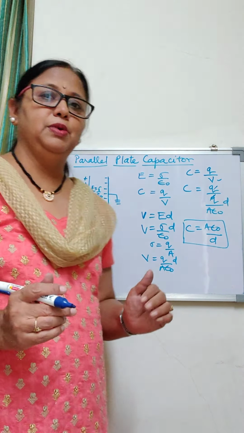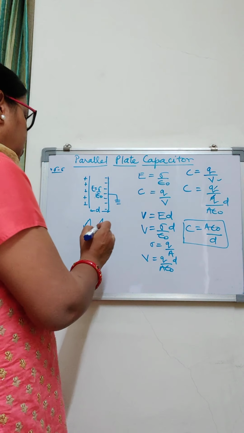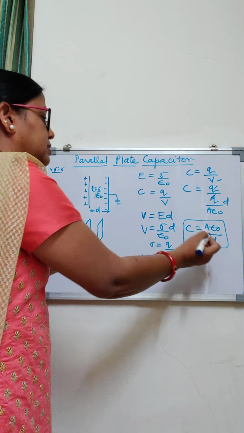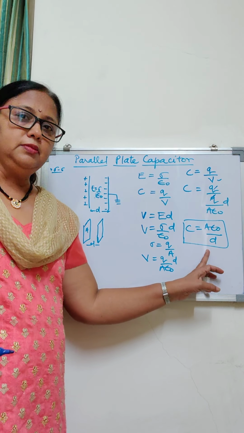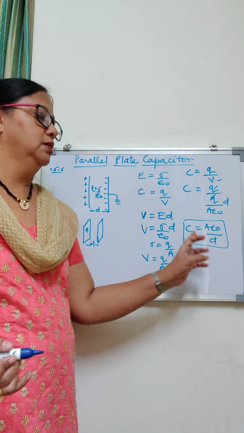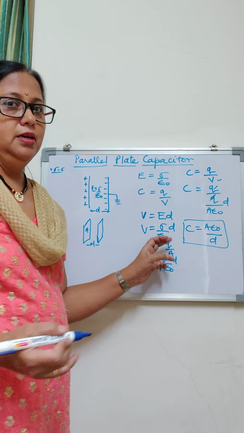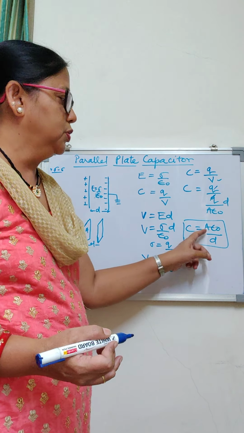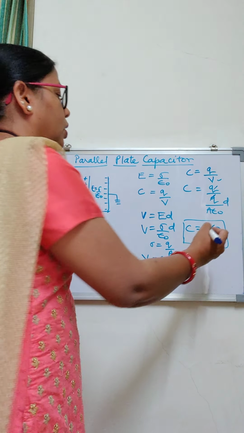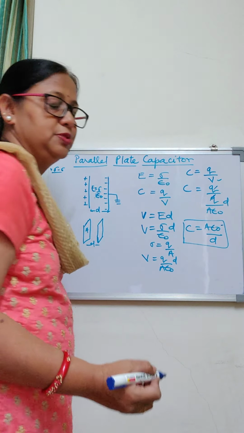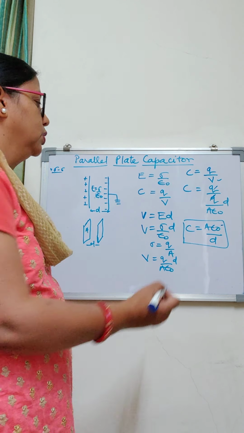If the area is bigger, naturally more charge will be stored. The second thing is that capacitance is inversely proportional to the distance between the plates. Capacitance is directly proportional to area and inversely proportional to the distance between the plates. Also it depends upon this epsilon naught value.